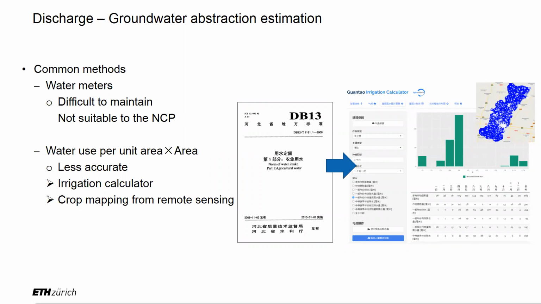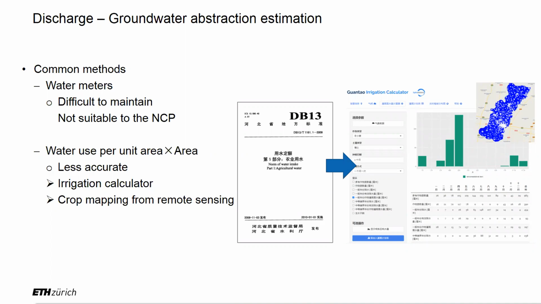The other method is to estimate groundwater use or the irrigation water use by the product of water use per unit area and the total irrigation area. It can be less accurate due to the estimation of water use per unit area. In our project, we developed two tools.